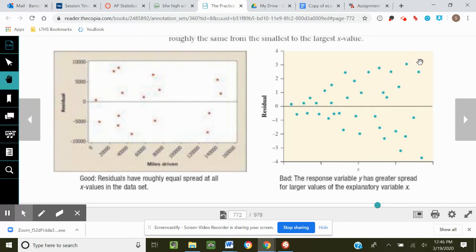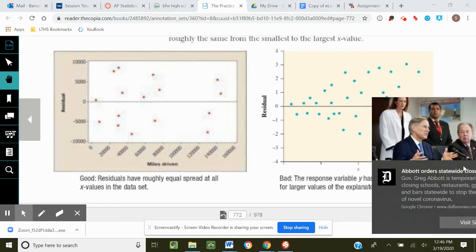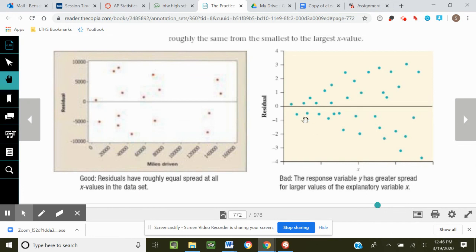So there's kind of a cone shape you see here. And coning would be a case where your equal SD condition is not met. And if you flip this around the other way, same thing, your equal SD condition would not be met if the spread wasn't equal. So I just wanted to make sure you got an example of that as well.